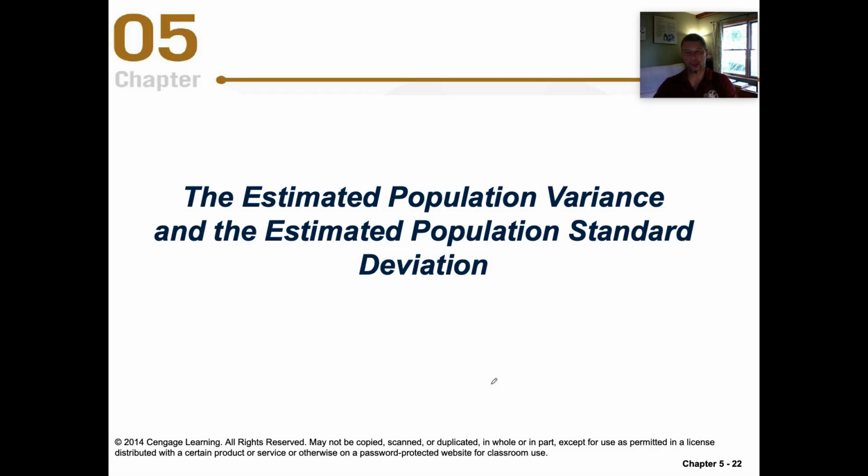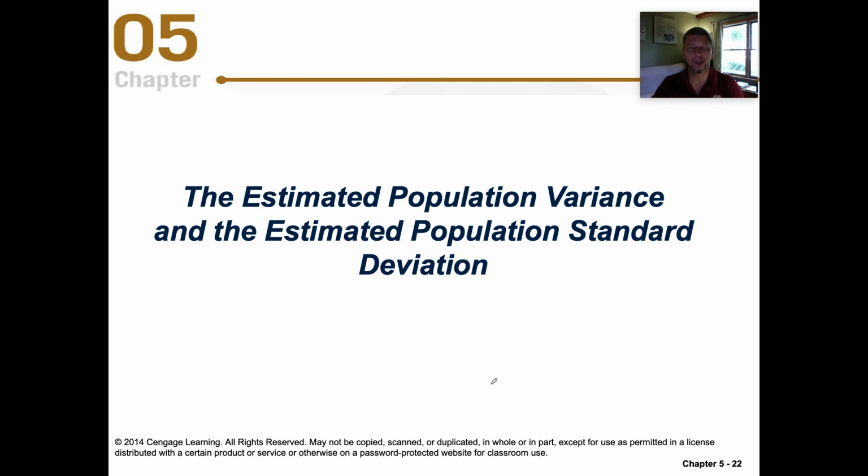Now, unfortunately, calculating the actual population variance and population standard deviation is a near impossibility, because it's almost impossible to go through an entire population and measure every single member of that population.